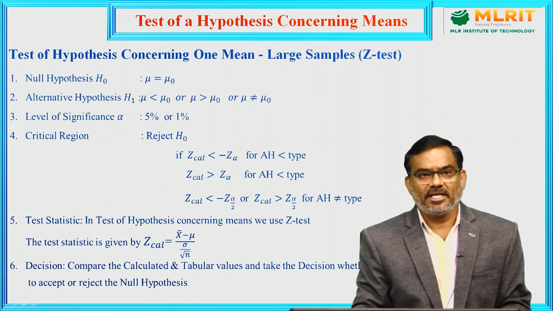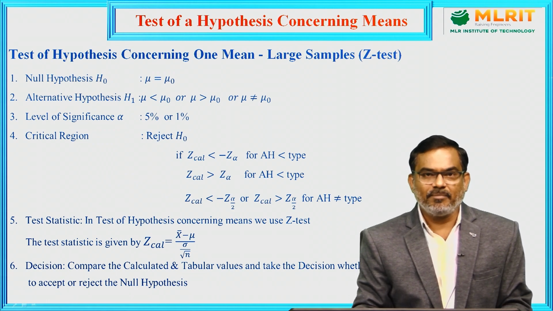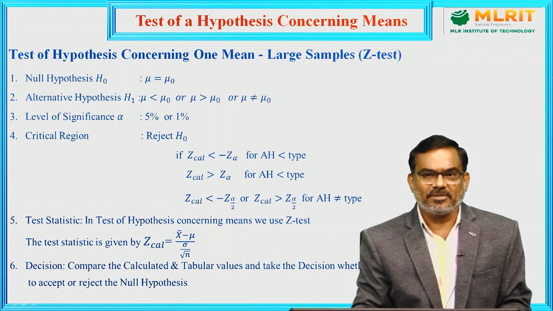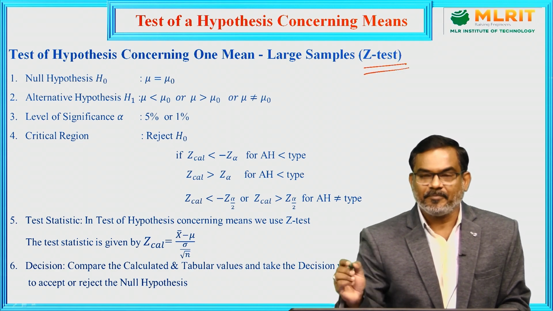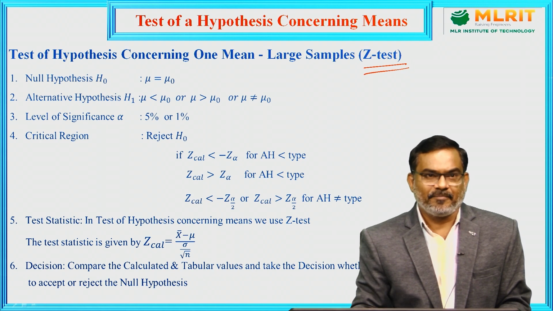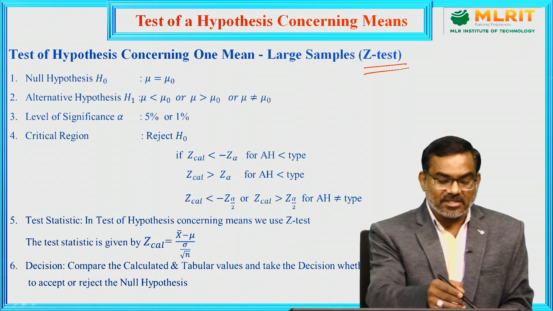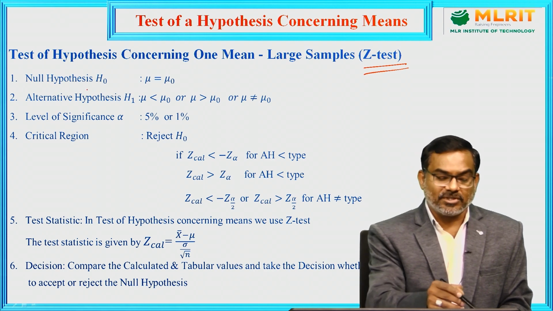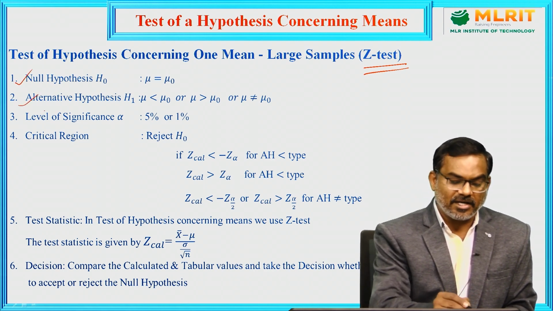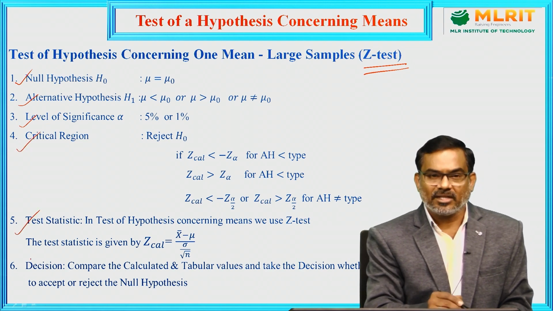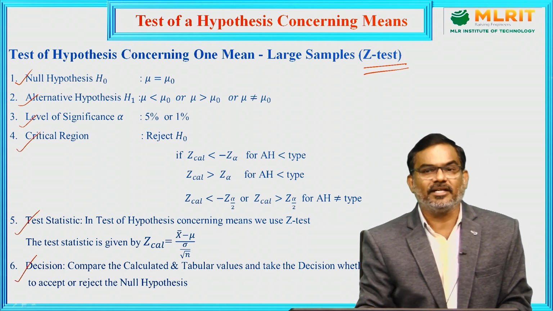Now, the testing of hypothesis concerning one mean large samples. In one mean large samples, we use the Z distribution, which is called the Z test, and the procedure is as follows. And already we have discussed the steps involved in the testing of hypothesis, like null hypothesis, alternative hypothesis, level of significance, critical region, test statistic or the calculation part, and finally the decision.